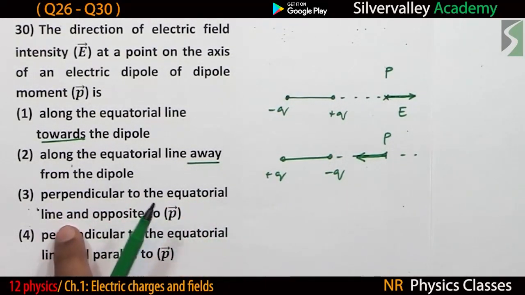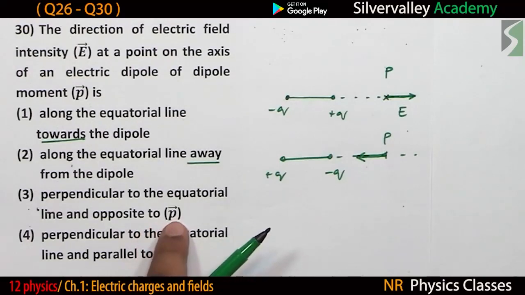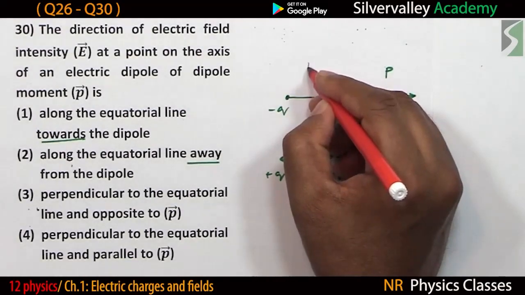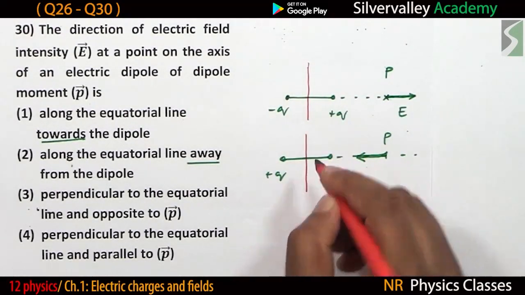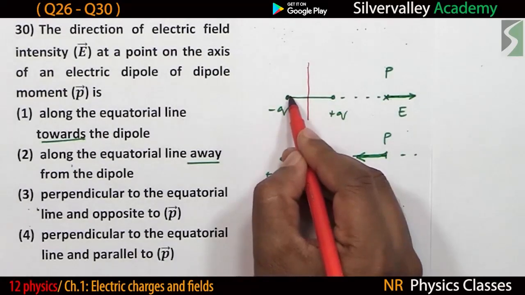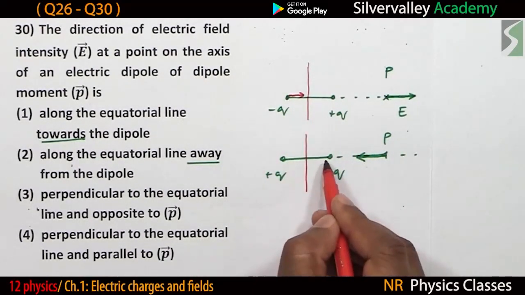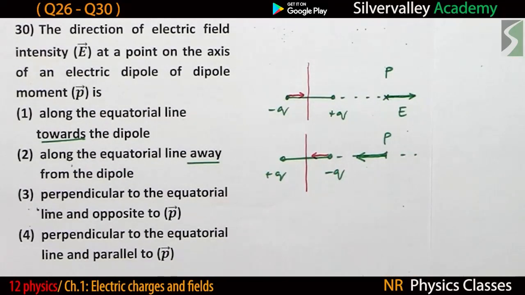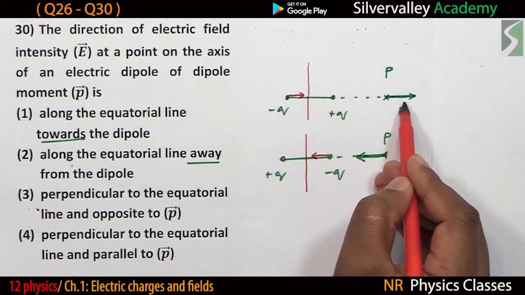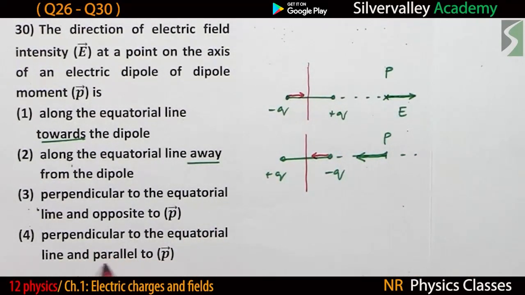Perpendicular to the equatorial line and opposite to P cap, or parallel to P. This is the equatorial line, and the dipole moment is from minus q to plus q. Perpendicular to the equatorial line and opposite to P: but the electric field is always in the direction of P, perpendicular to the equatorial line and parallel to P. So here it is mentioned opposite, here it is mentioned parallel.